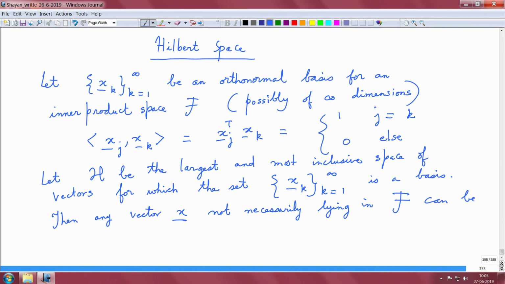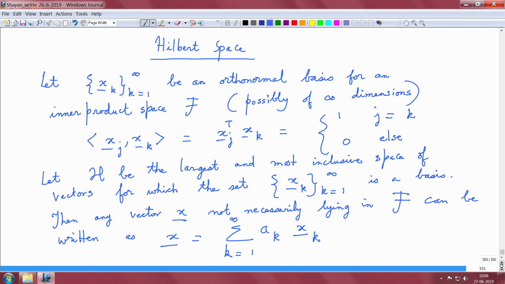Right, this vector x can be written as x equals summation k equals 1 to infinity ak times xk, that is a linear combination of the orthonormal bases.